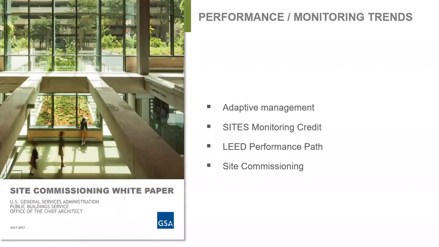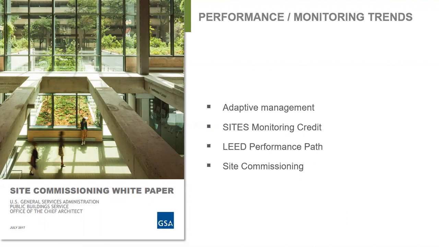This movement of using metrics and monitoring performance within the design professions is not 100% new. However, it's gaining a lot of traction within landscape architecture, and it's really supported by larger trends of performance monitoring. This includes a few things: new methods of adaptive management for site management professionals. There's a special credit, some of you might be familiar with, within the Sustainable Sites program for monitoring.